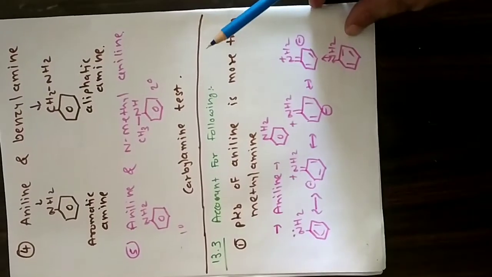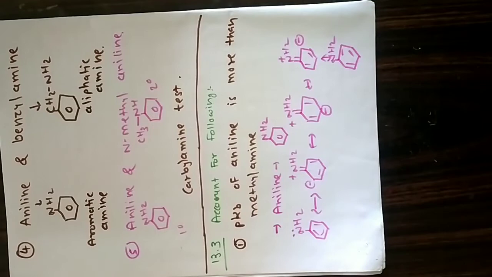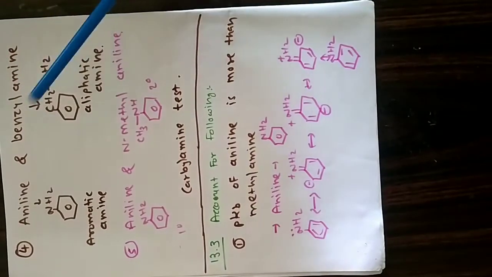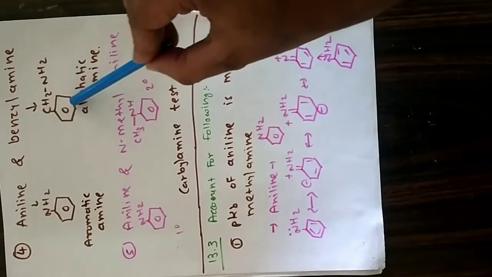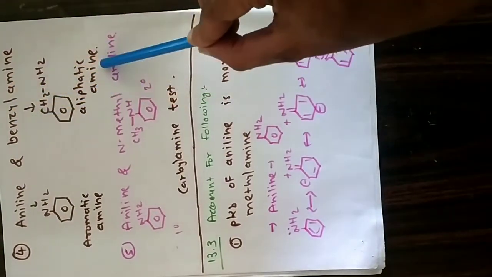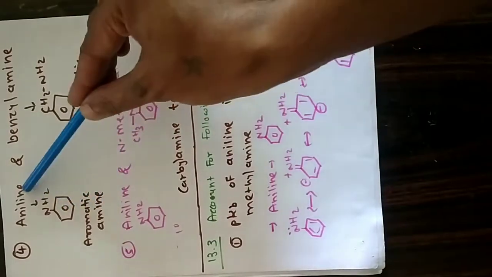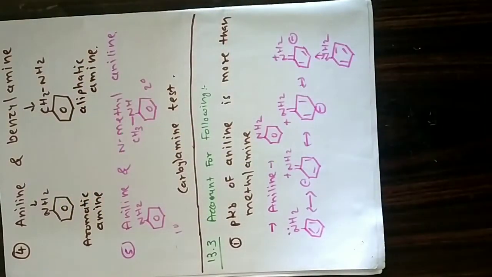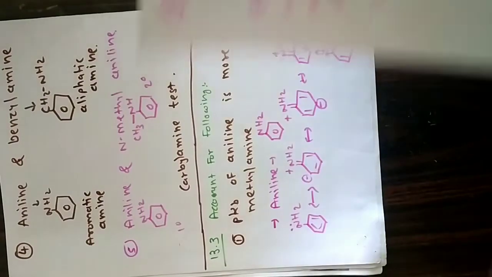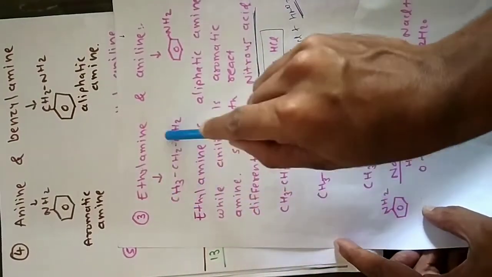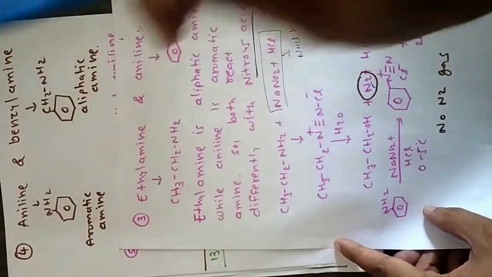Next one is aniline and benzylamine. Now here you can see this one is our benzylamine, this one is our aniline. Benzylamine is an aliphatic amine and aniline is an aromatic amine. So we have seen this reaction, the same reaction applies here. Just instead of the ethyl group, we have the benzyl group.